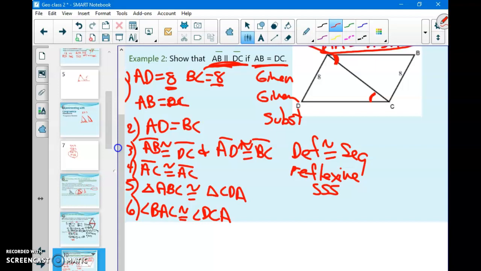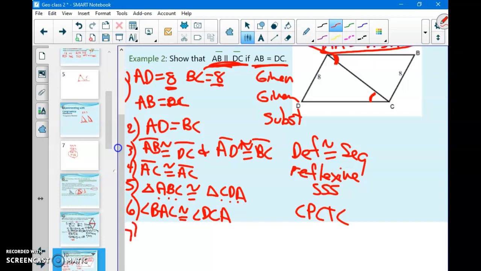Well, if those two are the same, and we know those are the same because they're the same positions within the statement, so I'm going to go second, first, third, second, first, third. And because of the statement, we're going to say because of CPCTC. Once the triangles are congruent, all the parts are congruent.